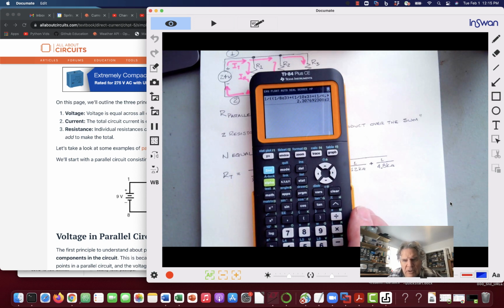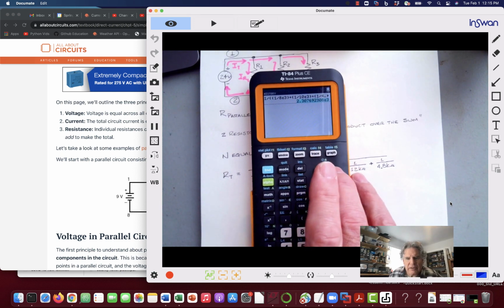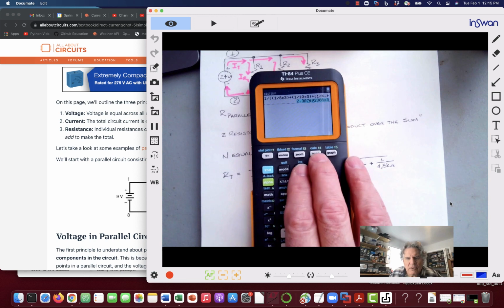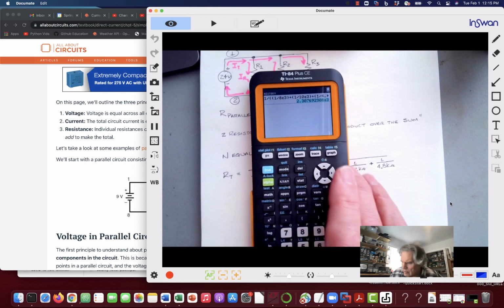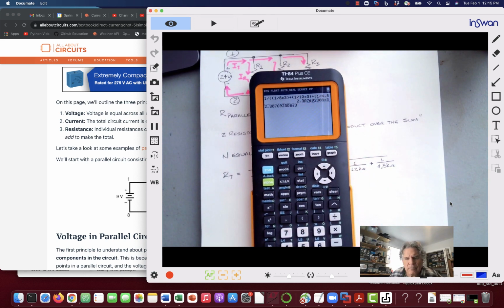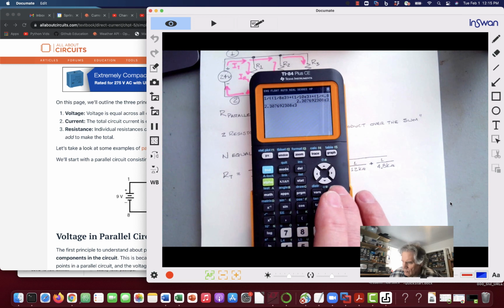I think I made a mistake in this. Let me go up here, and I think I can edit this. I guess I can't edit it, huh? Let me clear it. Do it again.